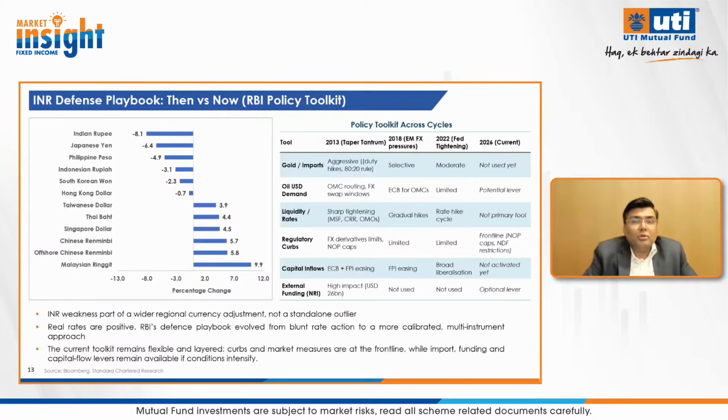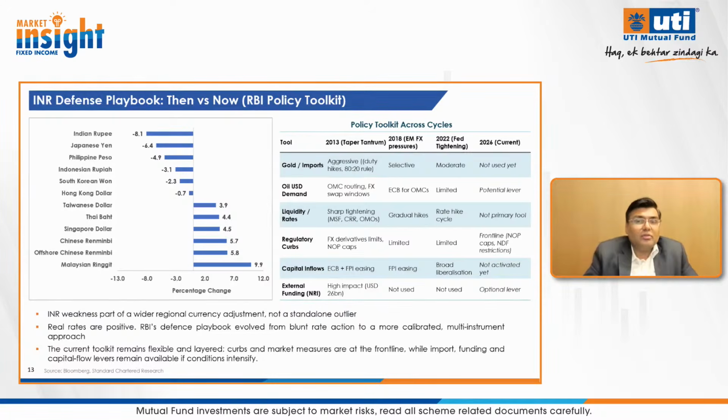If you compare it to 2018, you know the hikes were quite gradual because the rupee was not under tremendous pressure. It was largely in line with other Asian currencies. If you look at oil dollar demand, they started opening a separate window for OMCs.